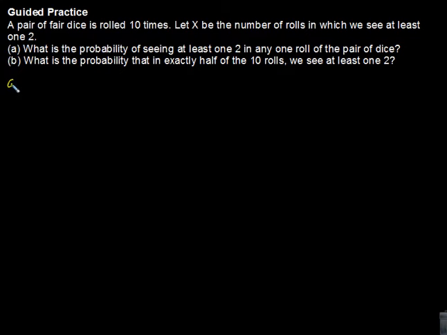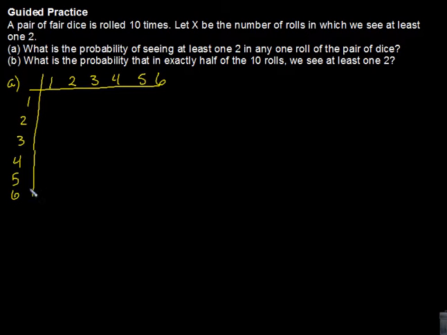So I have to make one of my lovely tables. But instead of doing a sum table this time, because I'm not asking what the sum is, I'm asking how many times will I see at least one 2. So here I would have 2 1s. Here I'd have a 1 and a 2, a 1 and a 3, a 1 and a 4, a 1 and a 5, a 1 and a 6.